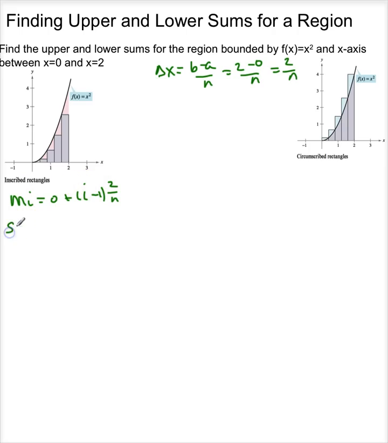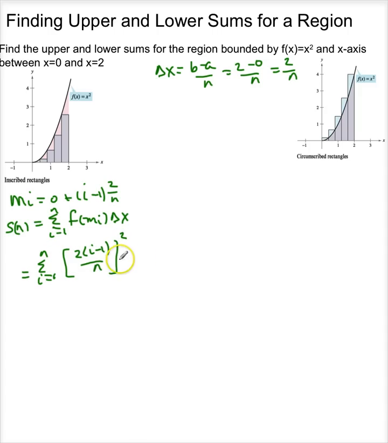So the S sub n, the lower sum, is the sum as i goes from 1 to n of f of m sub i times delta x. Now, f of m sub i is, let's see, my function is x squared, so I'm going to take m sub i, which is 2 times i minus 1 over n, and I'm going to square it.